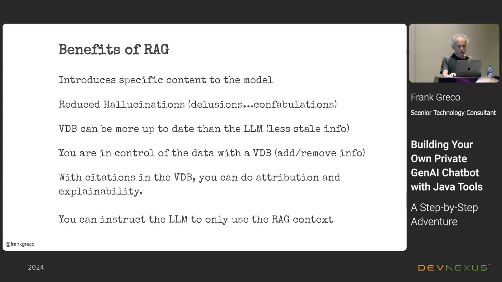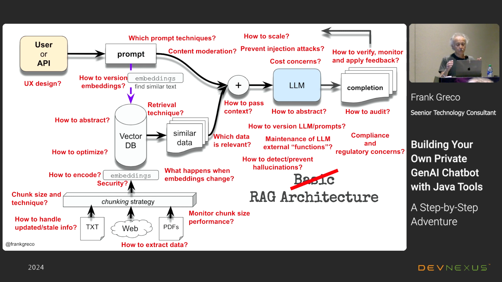To put this in production is a little more difficult, but there are a lot of advantages, right? You get specific content, you reduce hallucinations, which get better and better as we go in time. You're in control of the data, you have citations, right? But the problem, and this is what's going to happen over the next few years, is that to put it in production, there's a lot of crap you've got to deal with.